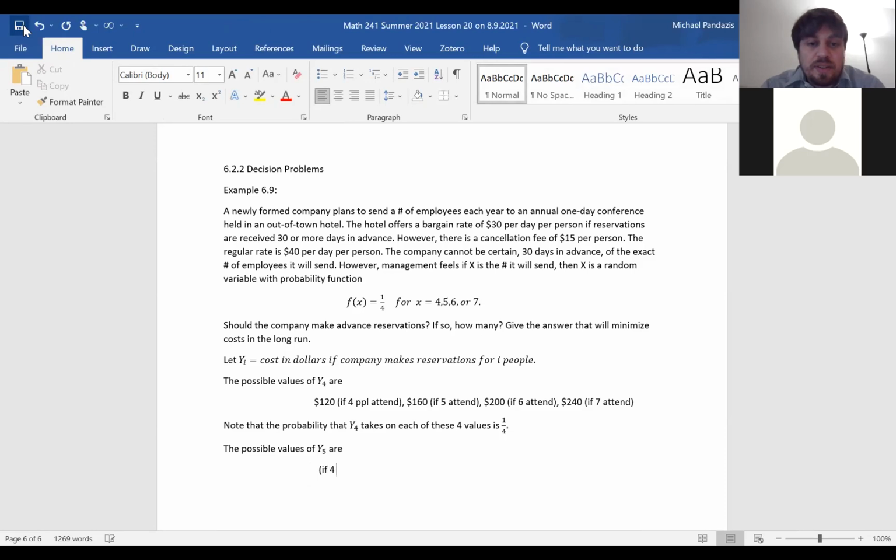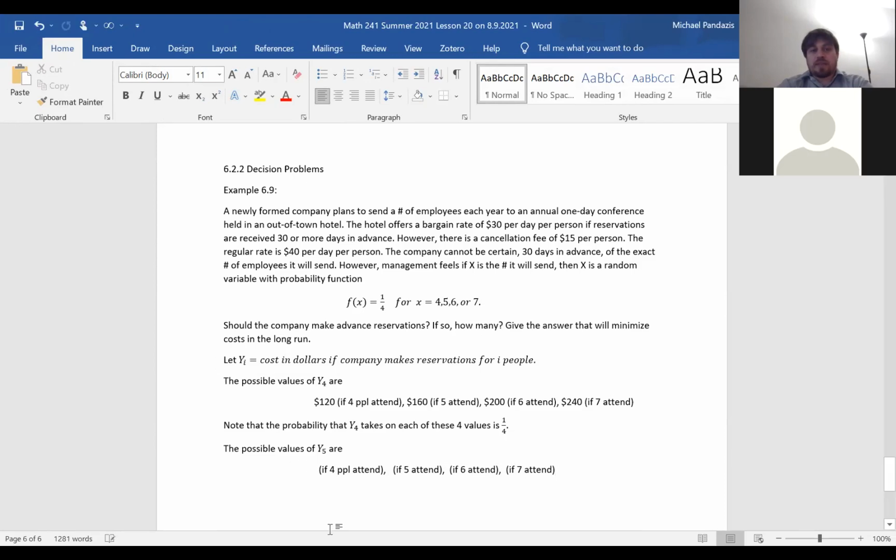So either if 4 people attend, if 5 people attend, if 6 attend, if 7 attend. Those are the possible numbers of people who attend.